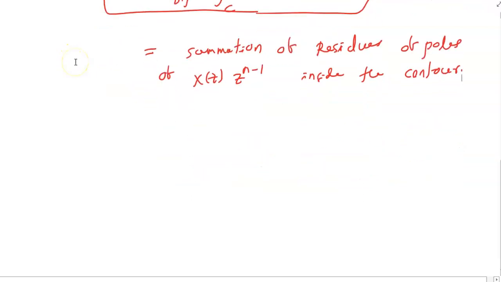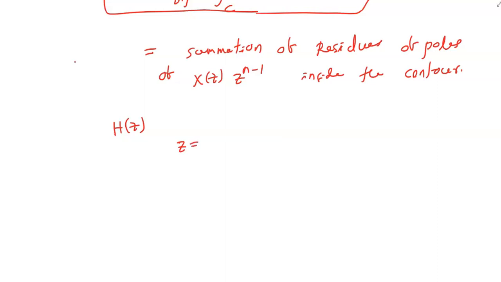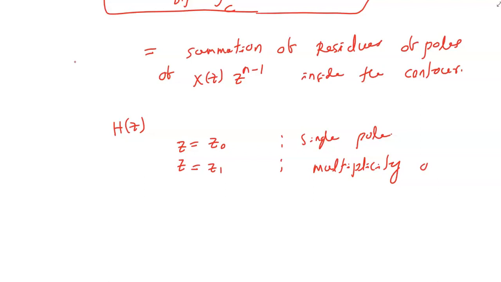From the basics of mathematics, that is complex integration, you know how to find the residue of poles. So let's say the function is h of z. It has one pole at z equal to z0, that is a single pole, and another pole at z equal to z1 of multiplicity k.